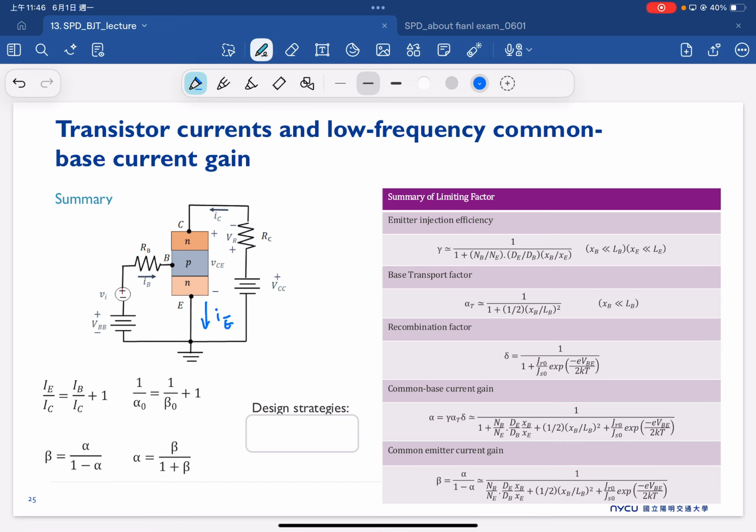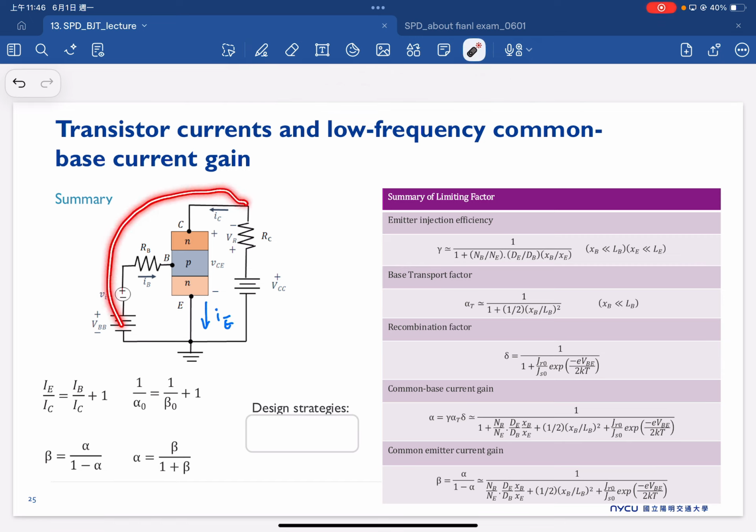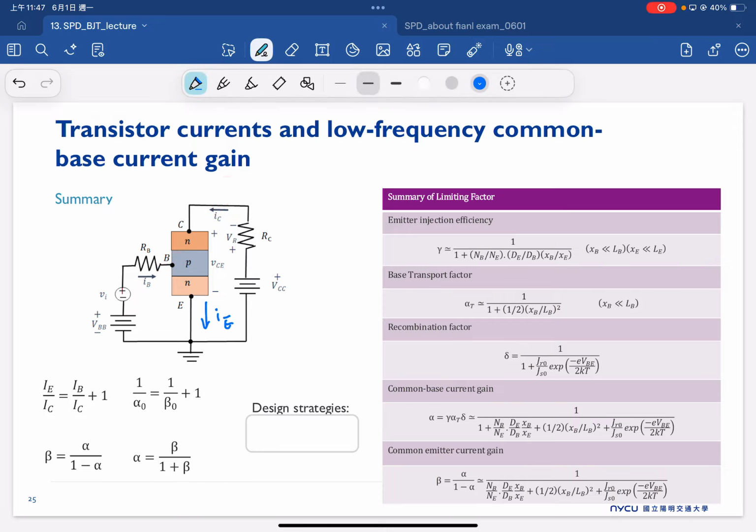From this simple circuit network, we can understand the emitter current is equal to the base plus the collector current.